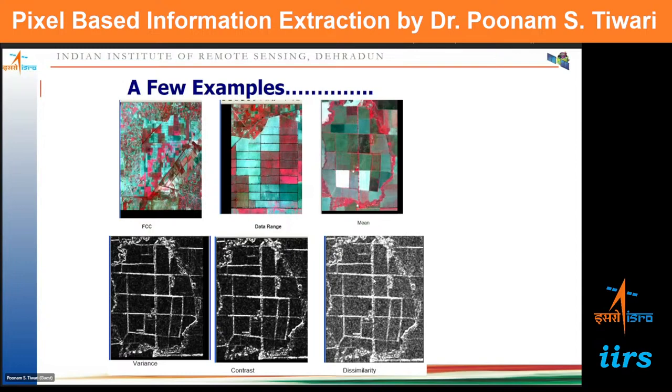Now you can see variance also, the homogeneous areas, that means the central part of the field, is dark in color. That means it is not showing any variance. It is similar in nature. So dark in color, and the field boundaries have differences in pixel values. So the texture is different there, and the field boundaries can be extracted using such type of texture measures.